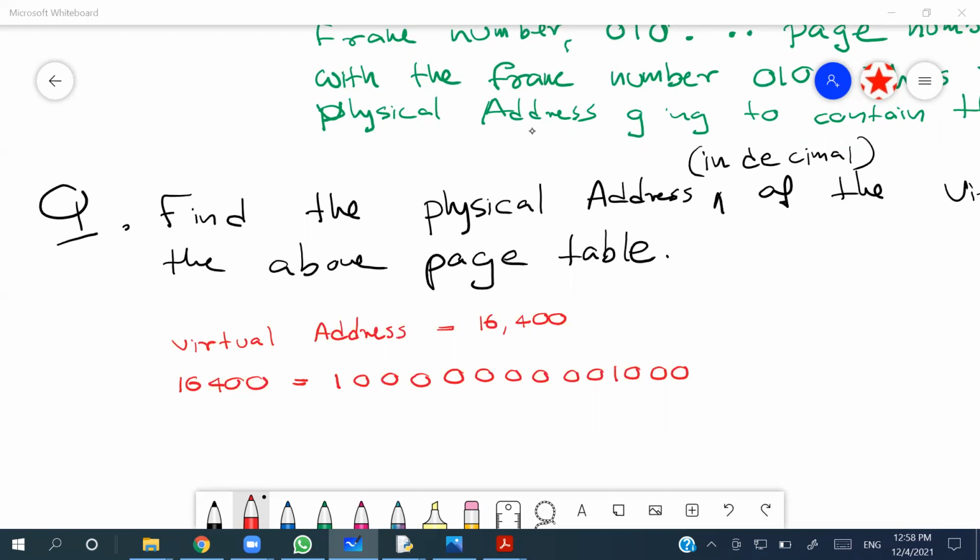That's correct, Osandra. Actually 4 zeros. Now we got 15 bits over here. See? 1, 2, 3, 4, 5, 6, 7, 8, 9, 10, 11, 12, 13, 14, 15. So that means the full address is a 15-bit long address.